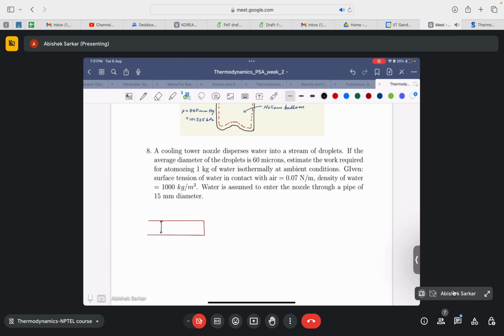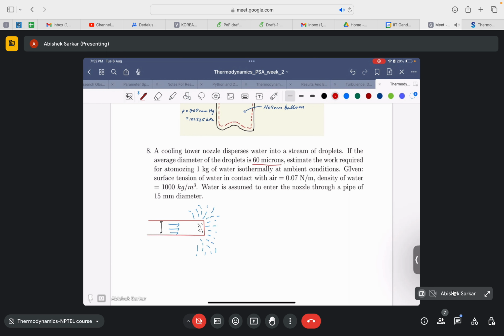So there are again some holes at the exit that tend to atomize the water. So water will come out sprinkling out of this cooling tower. Okay, so initially water is flowing in the pipe, and at the exit it is being formed into a number of droplets where the diameter of each droplet is 60 microns.